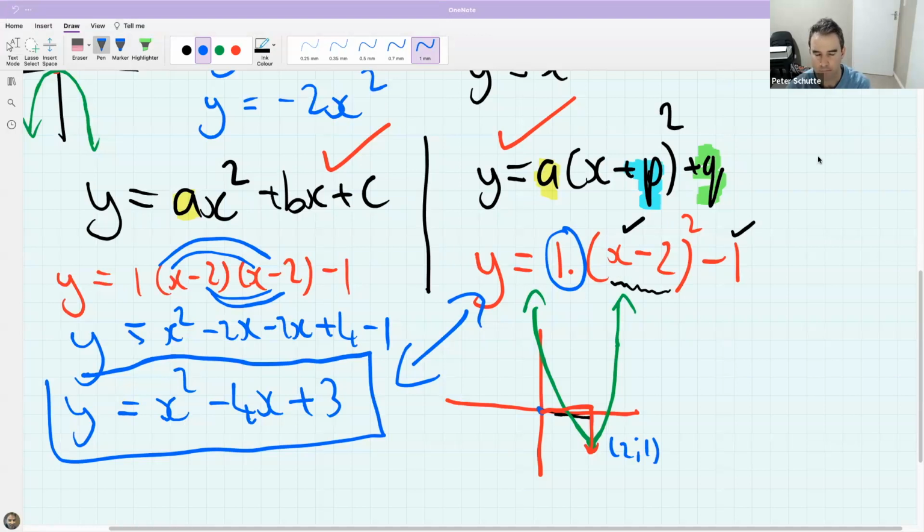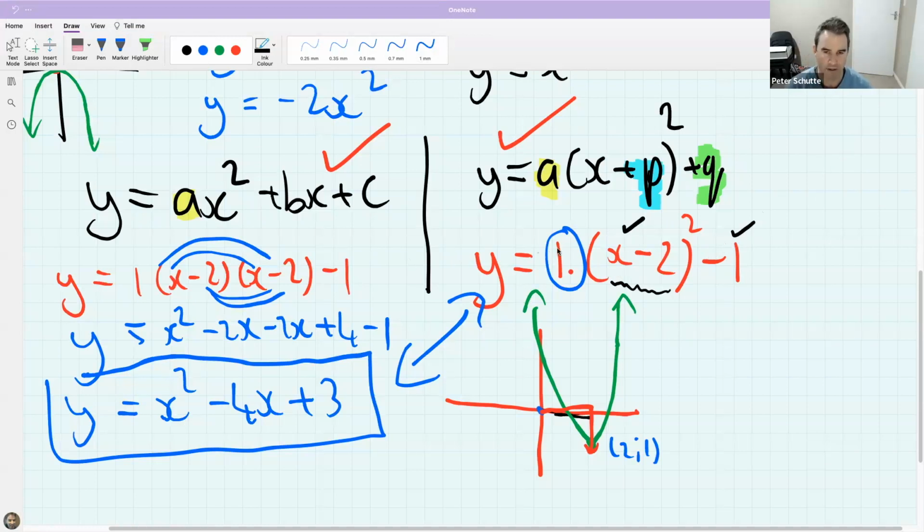Okay, and then I have one more question. You wrote y equals 1 times, and then in brackets, (x minus 2) squared. So then what if there's no a value? Aha. Okay, if there was no a value, like a 0, it wouldn't be a parabola anymore.